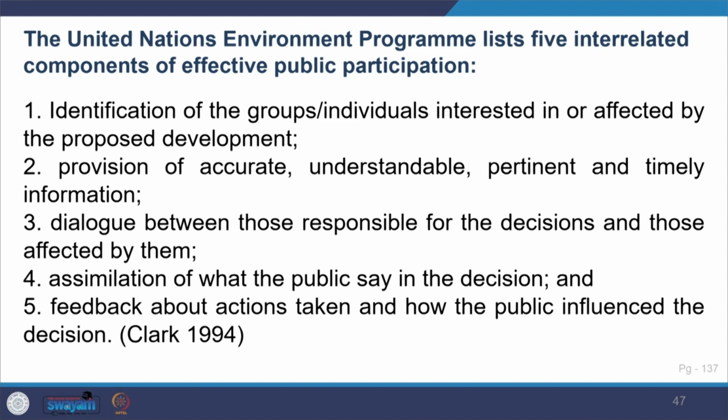So identify the people who will be affected. That's the first task. Then second, what we see is that you need to provide accurate information, plus you need to provide information which they can understand, and which is relevant to them, and given to them on time.